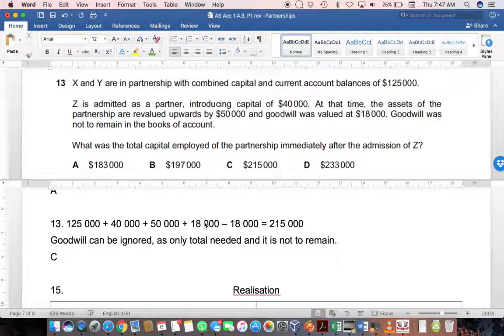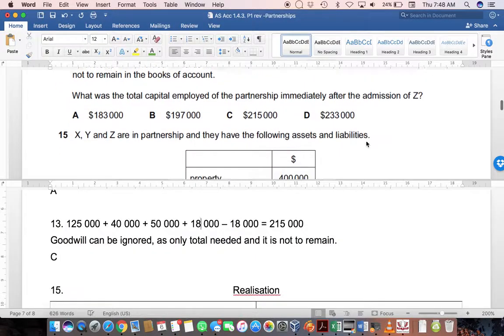So you don't actually need to show it at all, but if it helps, by all means go ahead, because you are adding it and then you are subtracting it. Because you are doing the total equity or the total capital that's been used over here, you don't need to show the ratios, and that is why it will just have a null effect. So your answer then is going to be 215,000, which you can see is given as option C.